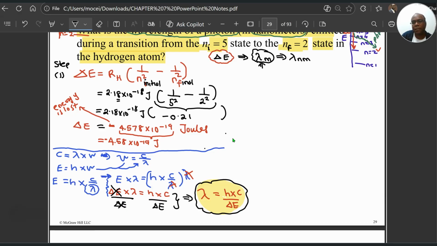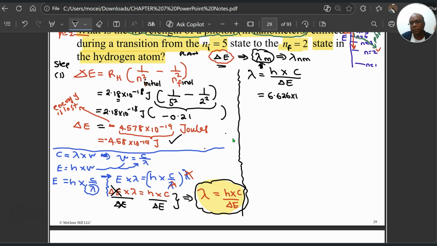So let's do that. We are on this step in our plan. We initially calculated delta E, done. Now we need to find wavelength, and it's going to be in meters. To do so, we'll write our formula: wavelength equals Planck's constant times speed of light divided by delta E. We know Planck's constant to be 6.626 times 10 to the power negative 34 joule seconds.